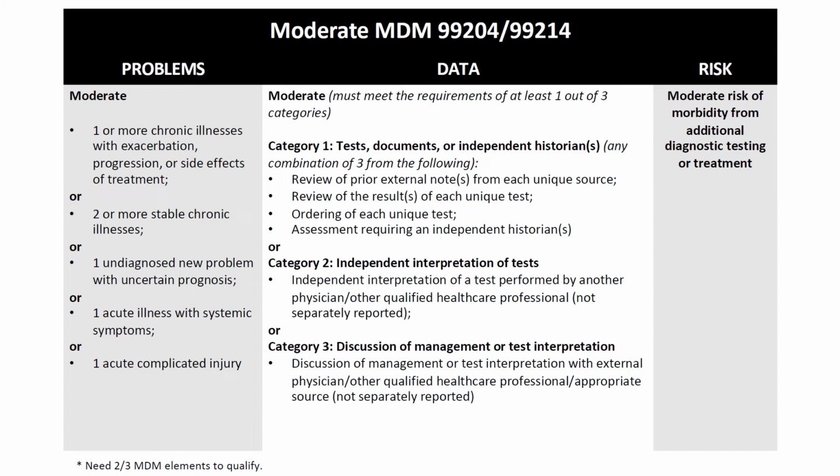So for your interventional radiologist who's seen patients in consult, if you review any outside imaging and render an independent interpretation in the note, you're automatically moderate medical decision making. And again, I say that I independently interpreted the CT from whenever or the MRI from whenever, and I just give 2 to 3 sentences on what I think I see.